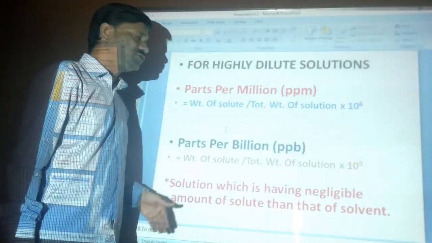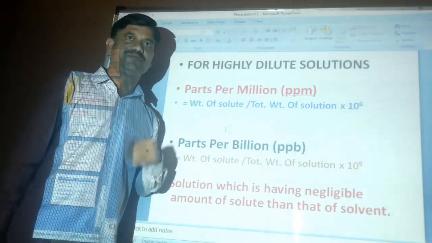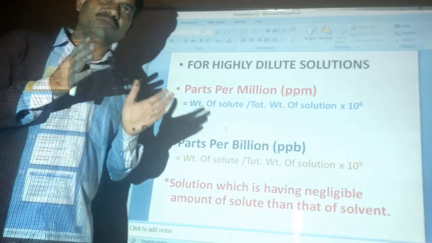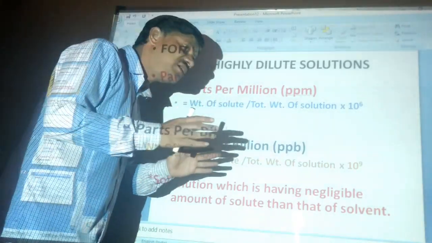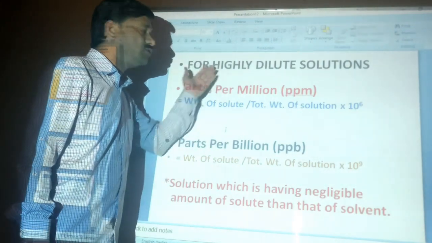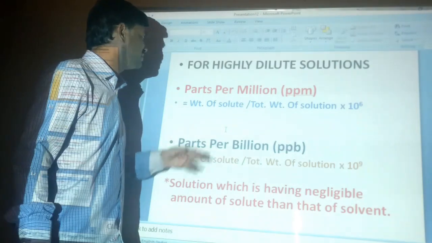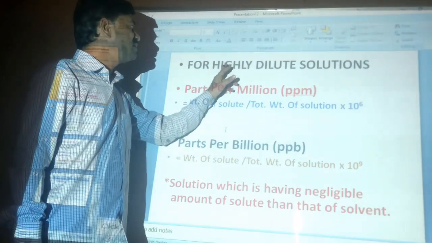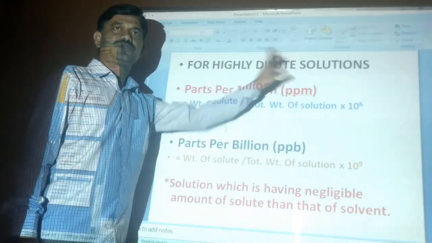In addition to this, if we are dealing with highly dilute solution, what does that mean? As compared to the number of moles of solute, the number of moles of solvent is present in greater quantity, or solute is present in negligible quantity as compared to solvent. That kind of solution is called highly dilute solution or very dilute solution.